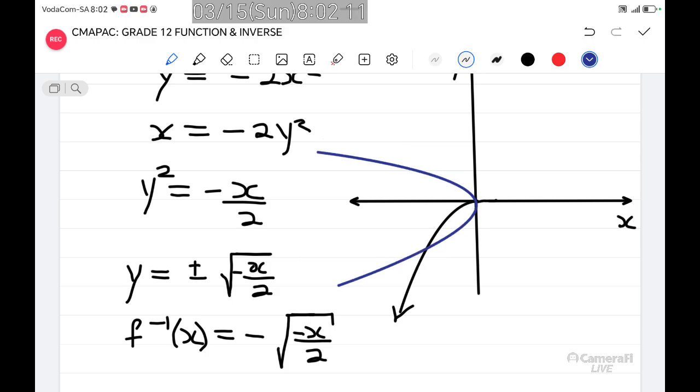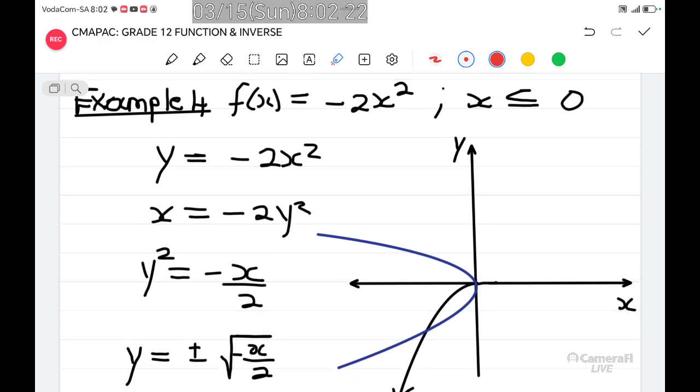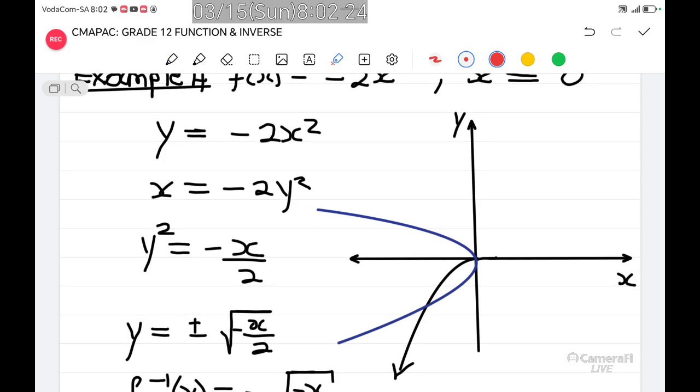So it's supposed to look like this. But since the domain of the original is less than 0, it means even the domain of the inverse must be x less than 0 and the range as well. So now we erase this one, and then our graph starts there.